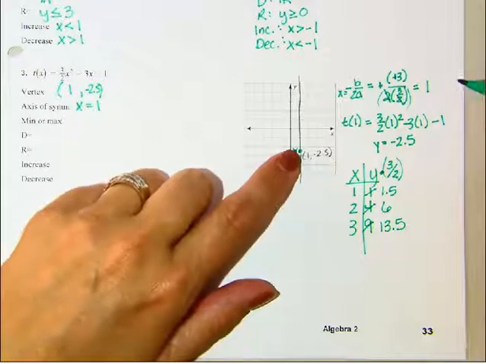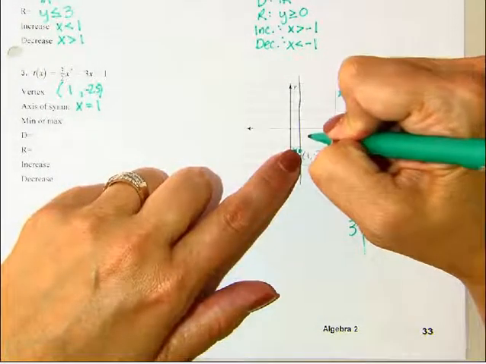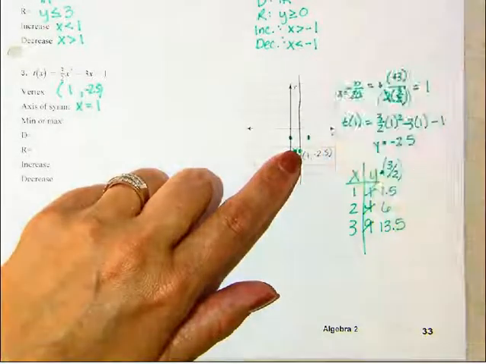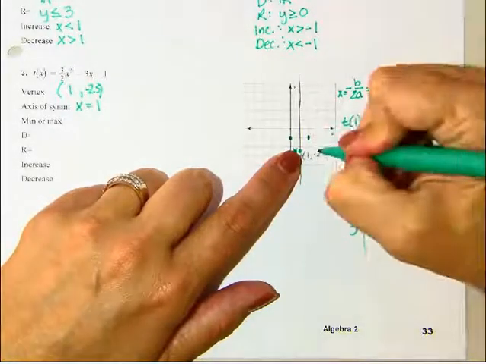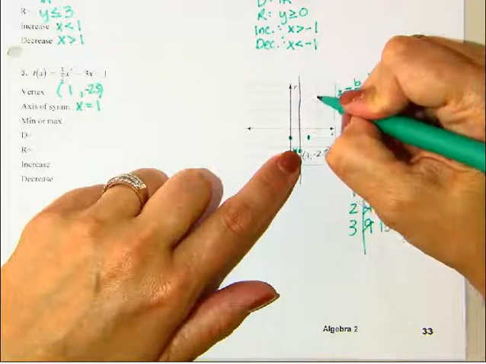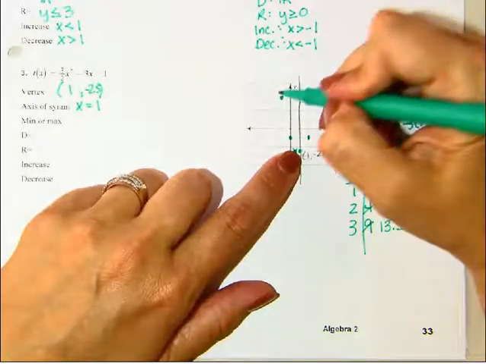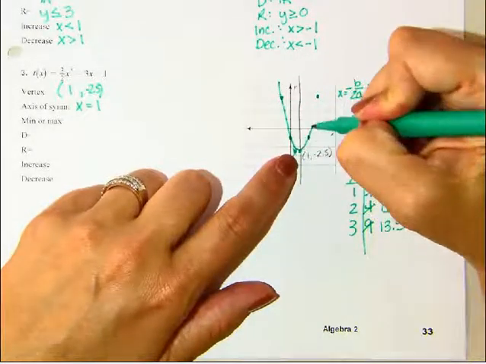From my vertex, if I start to plot these points, I go right 1, up 1.5. I go right 2, up 6. Make sure I don't skip a line there. And then the last one's not going to graph.